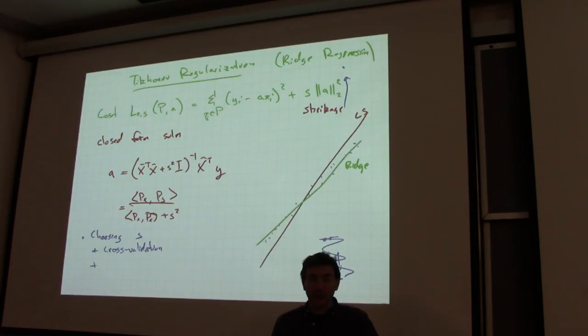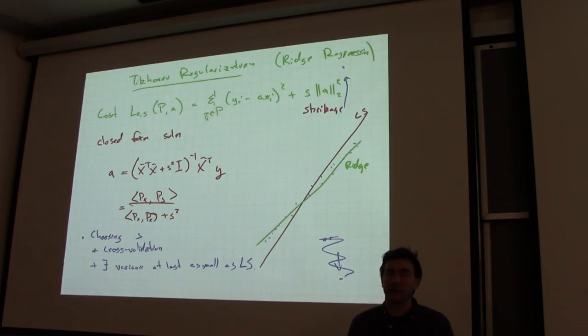But the really interesting thing is there exists an S which has variance at least as small as the least squares solution. So there exists some choice of S that has variance of the solution equal to or smaller than the least squares solution.